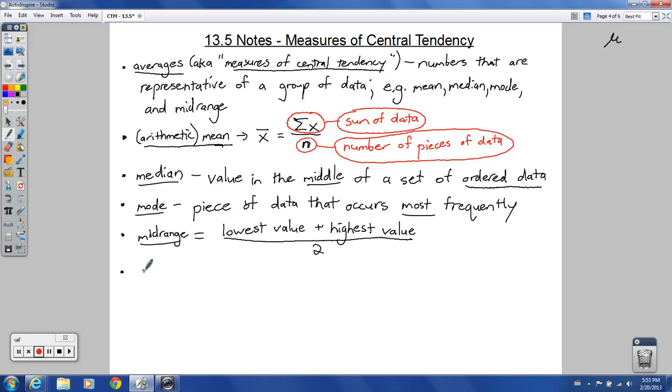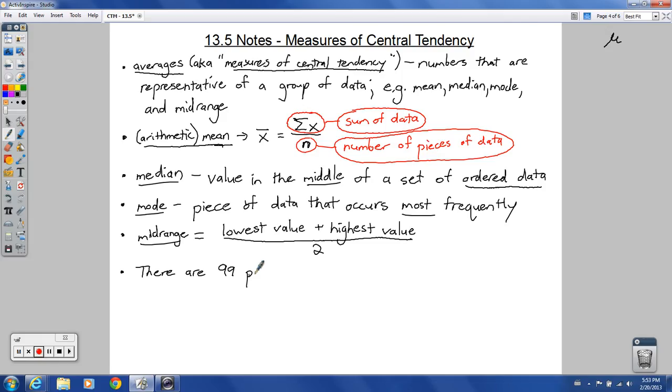And then two other things, percentiles and quartiles. What are those? I'm going to put this in the context of a sentence to make it easier to understand rather than try to define it. I think this makes more sense.